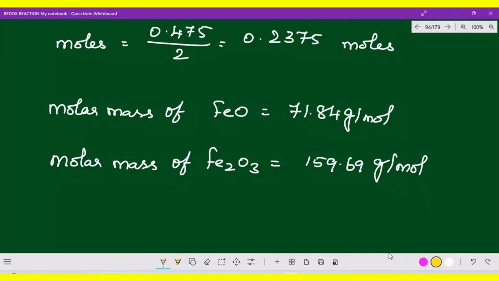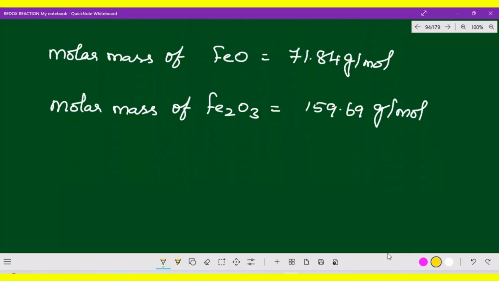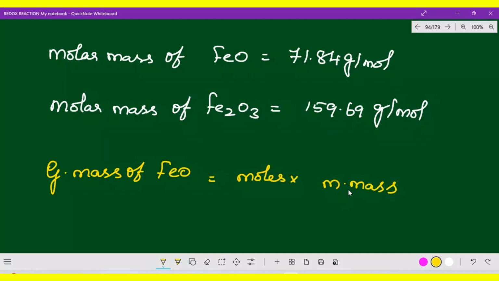Now here, given mass we have to identify. So given mass of FeO, how much? Moles into molar mass. So FeO moles, how much? It is 0.125 moles into molar mass, 71.84 gram per mole.